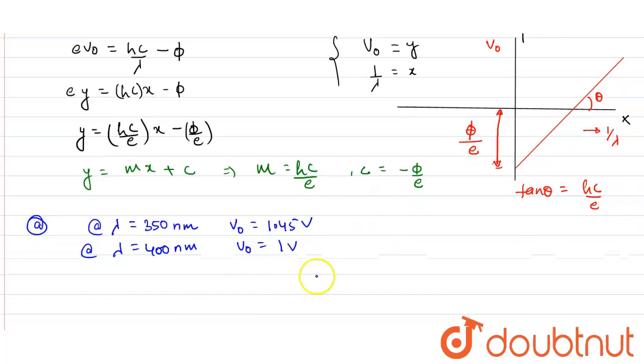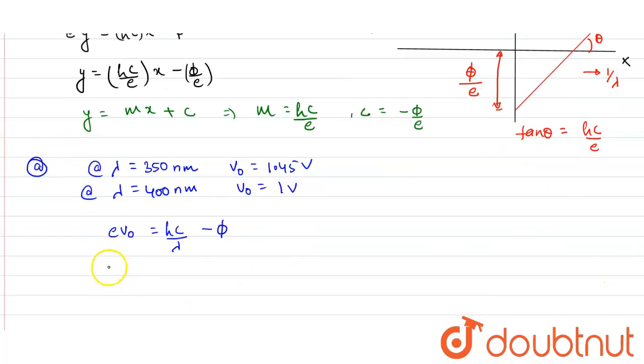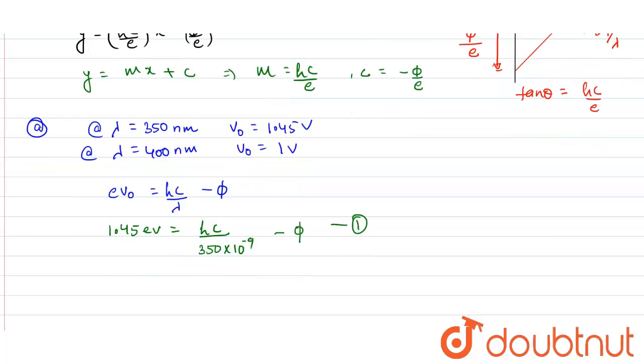Now using the relation of stopping potential with maximum kinetic energy, hc by lambda minus phi, we can say from here that 1.45 electron volts equals hc upon 350 into 10 to the power minus 9 meters minus phi. Let us suppose this is equation number 1, and the second equation will be 1 electron volt equals hc upon 400 into 10 to the power minus 9 minus phi, equation number 2.